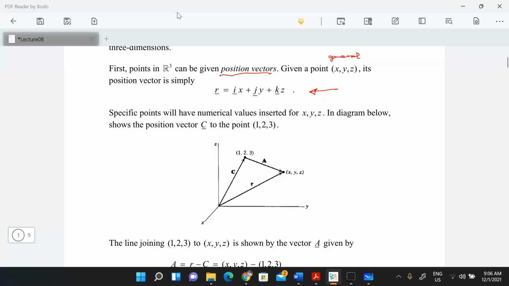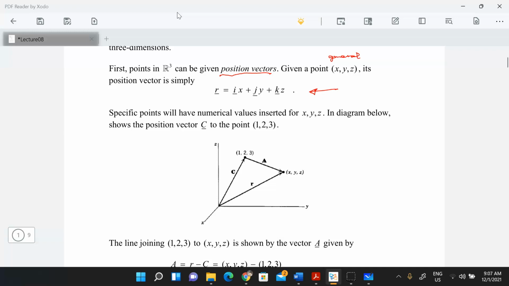Okay, so here the diagram is drawn in such a way. Your r is pointing from the origin, as it should be for a position vector, to the point, and similarly for this vector c from the origin to this particular point.